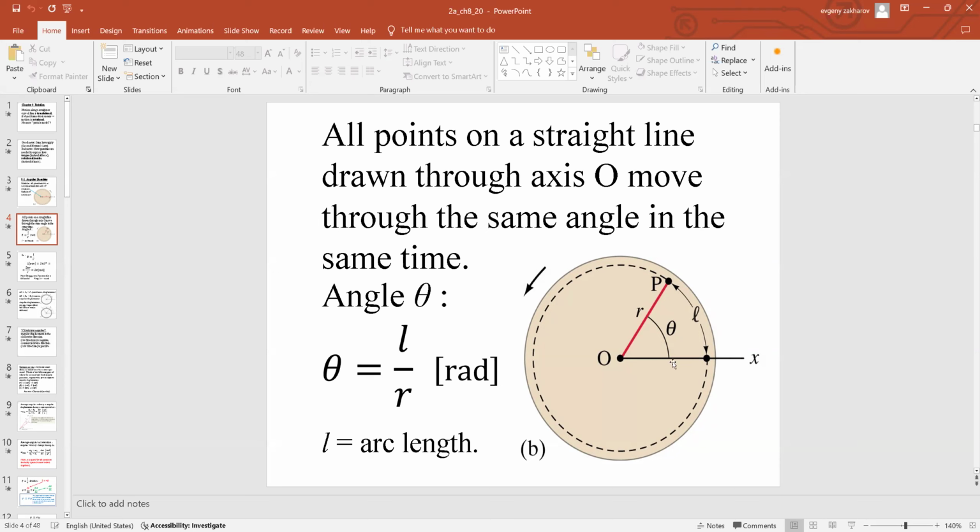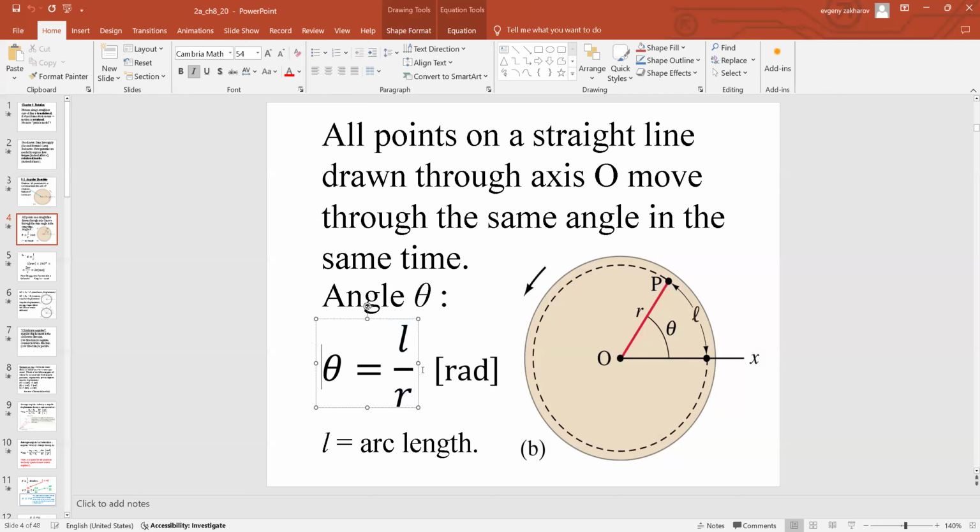And consider another point on the same straight line moving on the outer edge of the object. What can you tell about the angle? The angle is going to be the same angle theta. So no matter how far you are away from the axis of rotation, every point on that same straight line will travel through the same angle theta in a certain amount of time.